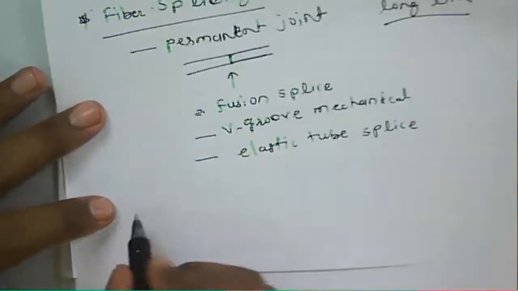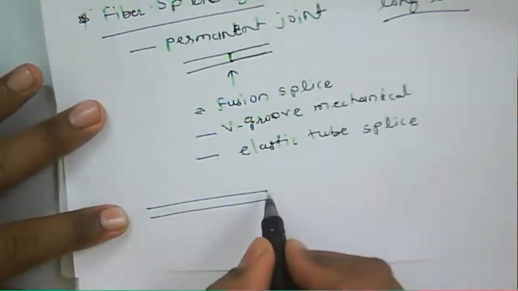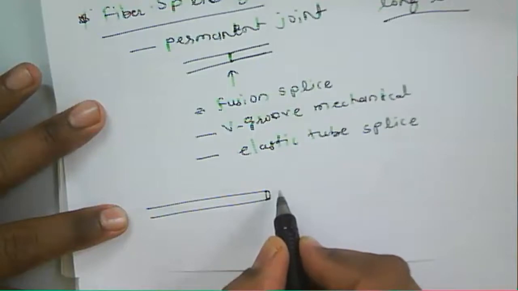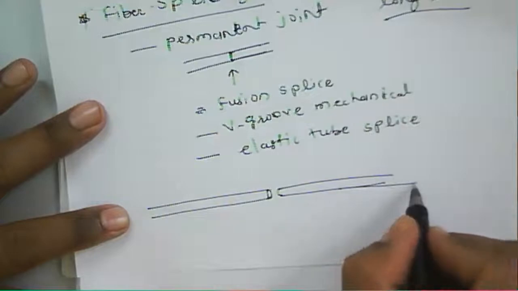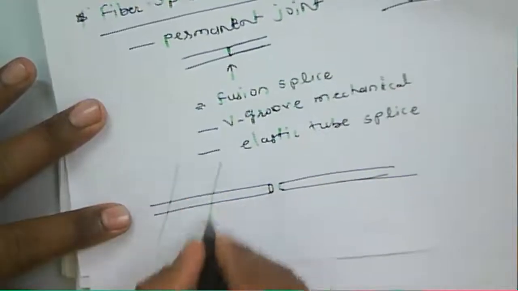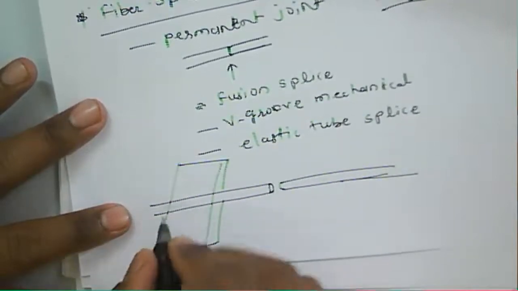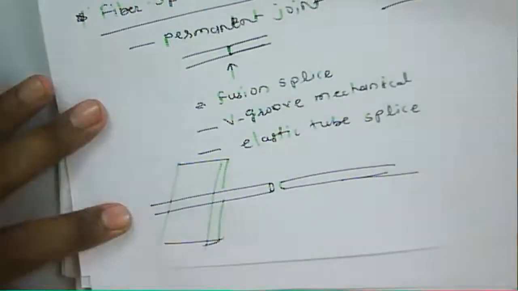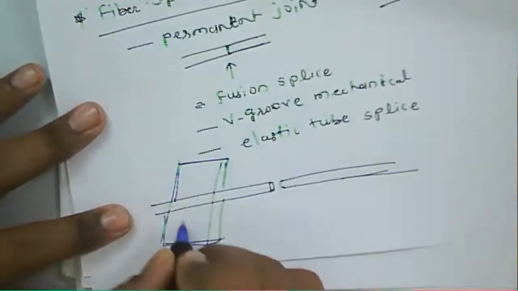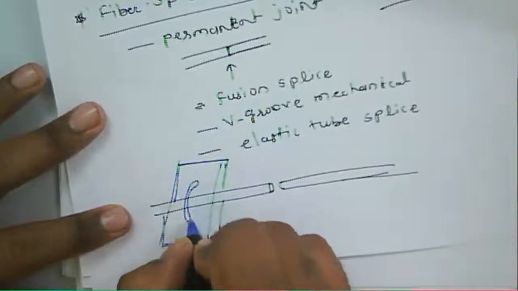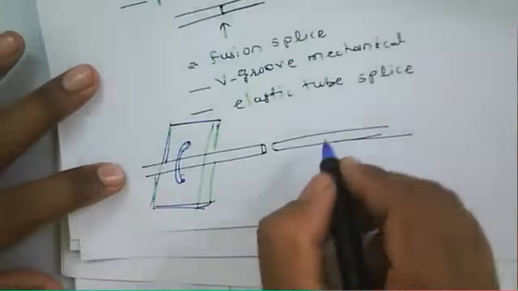Now, in the case of fusion splicing, we have two particular fibers, and we require some connector to hold this fiber end here and another fiber here.